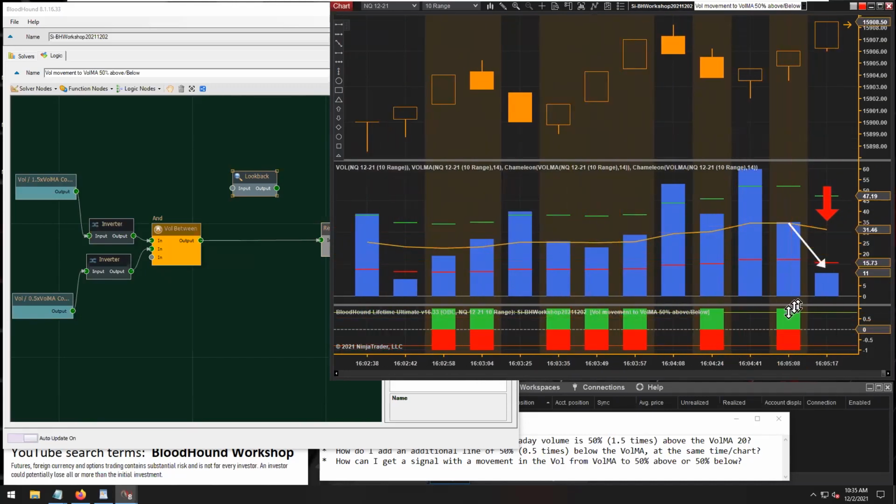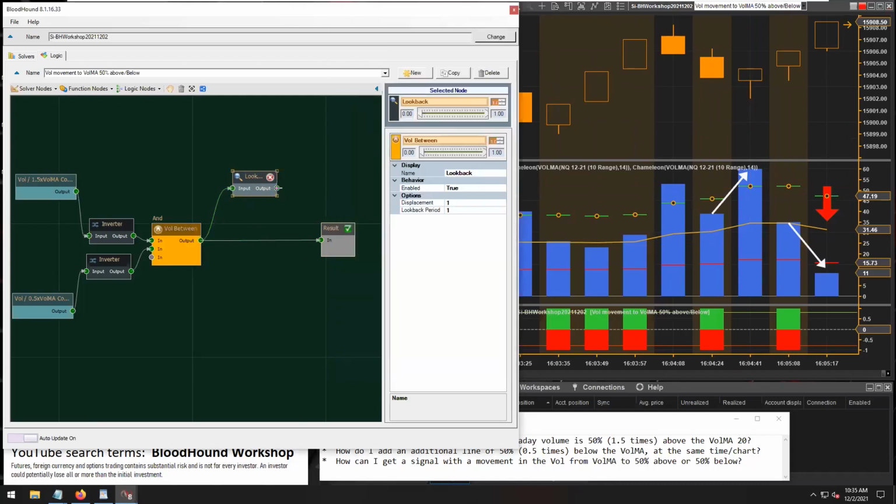We need to take this output from this bar and move it onto the next bar, where the next bar might move below the 50%. Or take the output of this bar and shift it forward onto the next bar, where the next bar might be above the 150% line. So we're going to use the look back to shift everything forward.